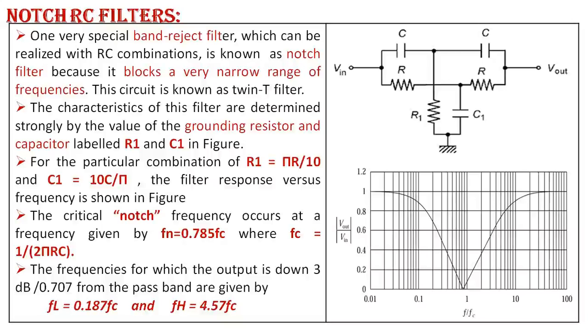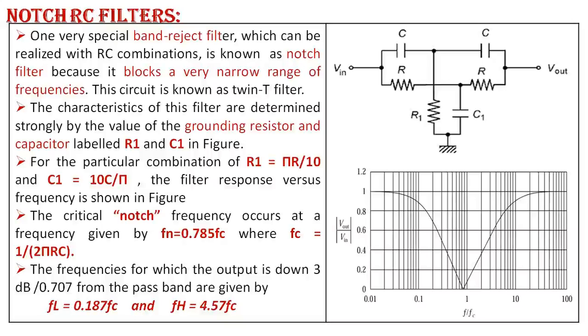The characteristics of this filter are determined strongly by the values of the grounding resistor and capacitor labeled R1 and C1 in the figure. For the particular combination of R1 equal to R by 5 and C1 equal to 10 C, the filter response versus frequency is given in the figure.